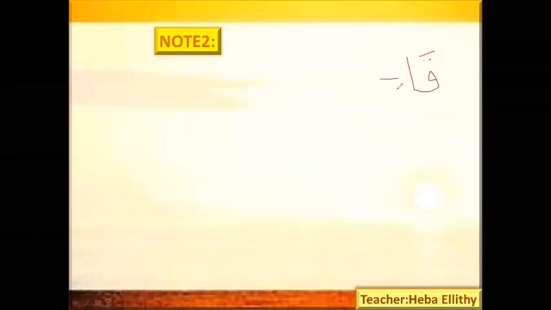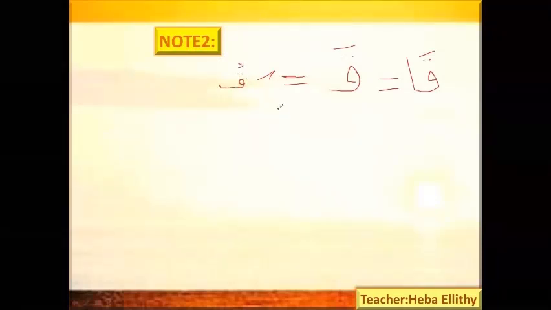First school, let me try to explain very quickly here before we go for the next note. First school: the letter followed by alif is equal in the level of tafkhim to the letter only with fatha, and to the letter preceded by fatha and it's sukoon. It puts all of them in the same level.